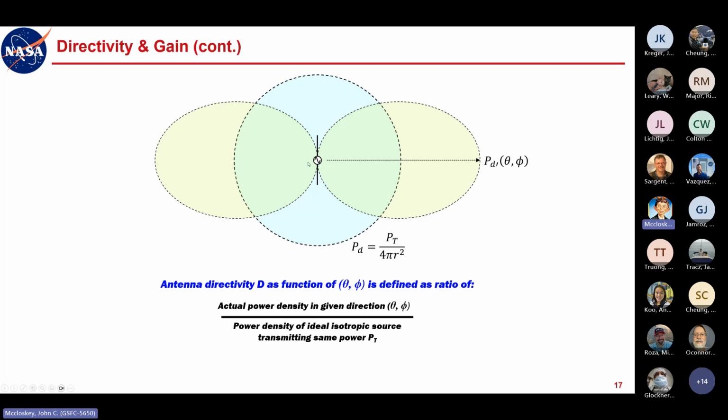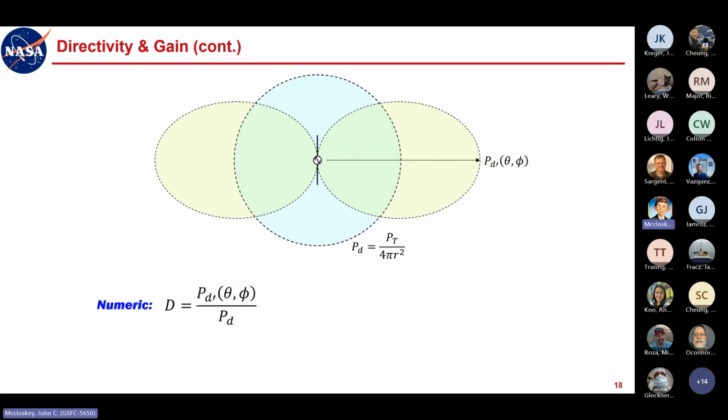So you're applying some power P_T to your transmitting antenna. The power density at a distance r from the source is just going to be your transmitted power divided by the surface area of that sphere of radius r, 4 pi r squared. So the directivity is just defined as the ratio of the actual power density in this direction to the power density from an ideal isotropic source.